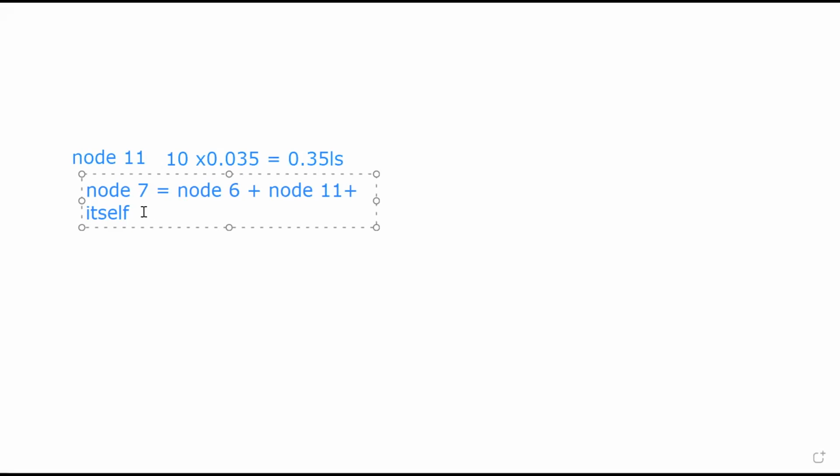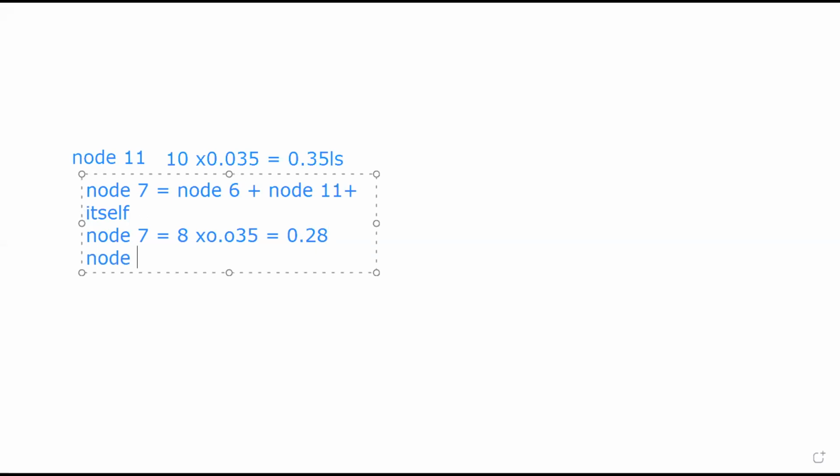So here, node 7, his own demand is already 8 houses times 0.035. Hold on, 0.035 times 8, 0.28.